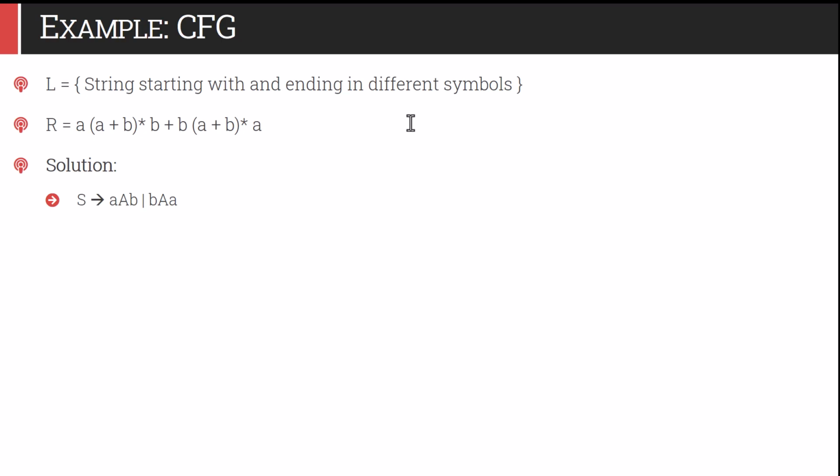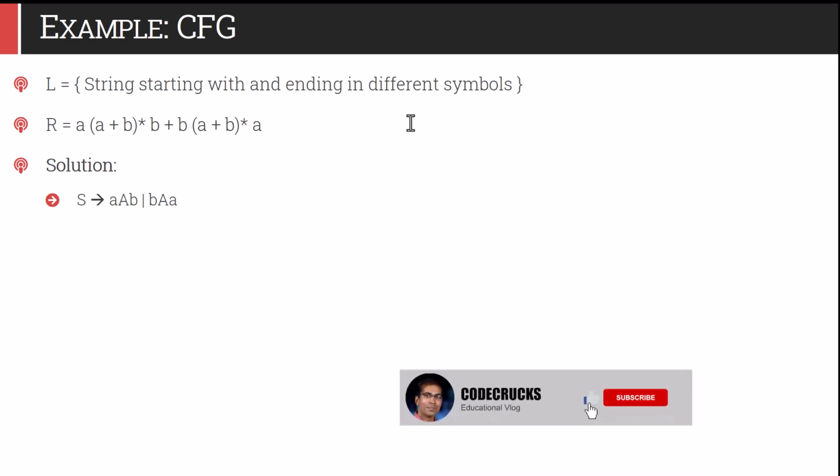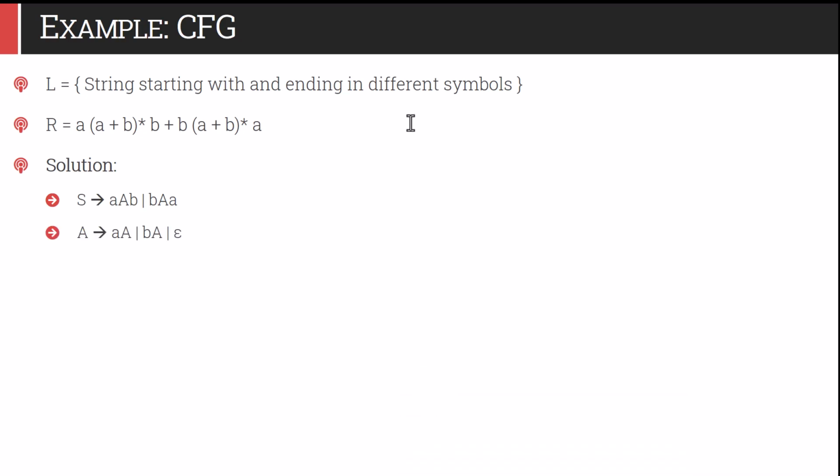Because small a and small b are terminal symbols in both halves of the regular expression, the only generating part is (a+b)*. And it is common in both. So there is no need to take capital A for the first half and capital B for the second half. The same capital A will work for that. And using capital A, we will produce (a+b)*, which is given by aA or bA or epsilon.